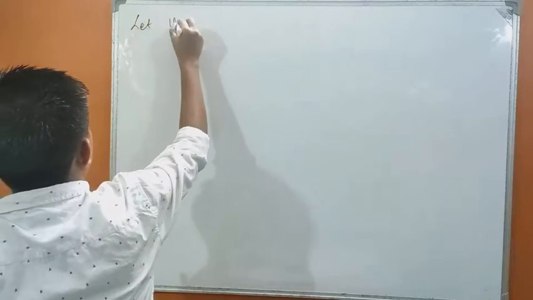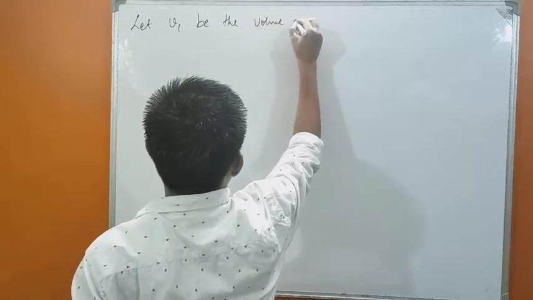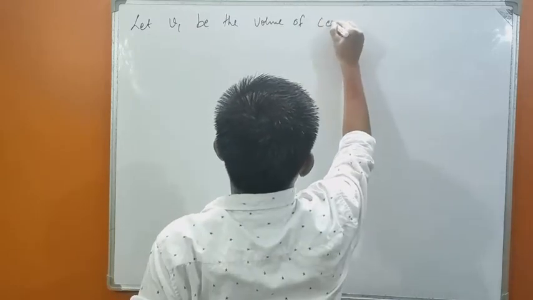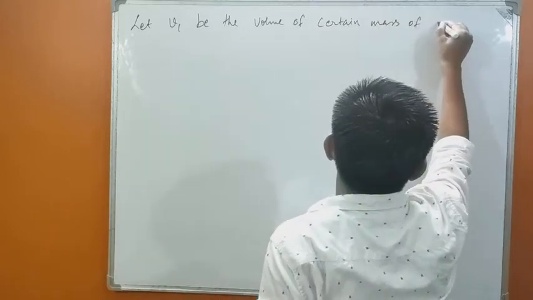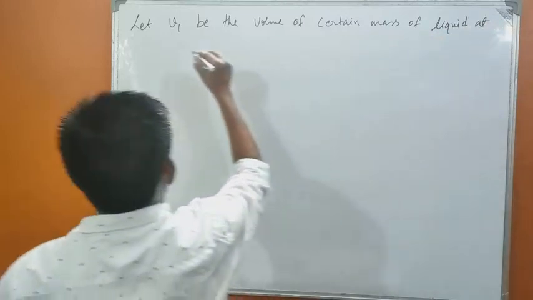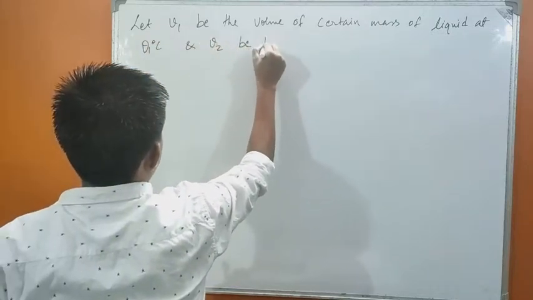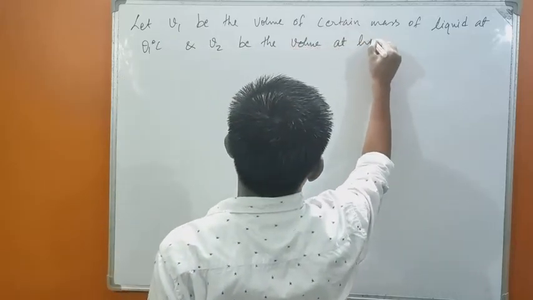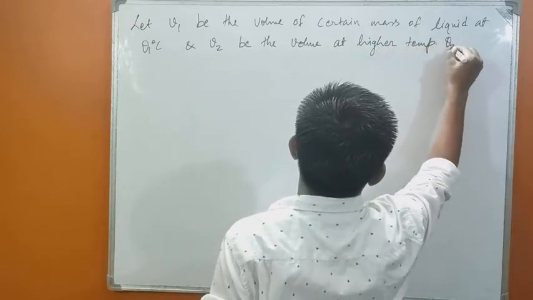Let V1 be the volume of a certain mass of liquid at θ1 degree Celsius and V2 be the volume at higher temperature θ2 degree Celsius.